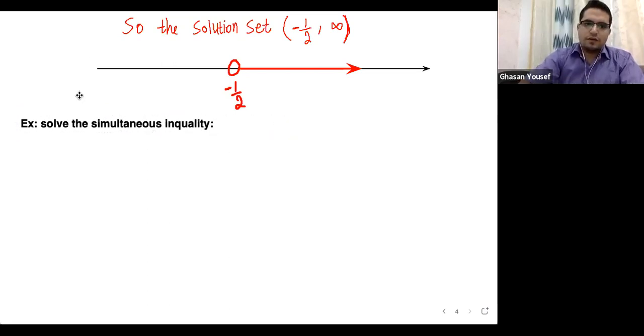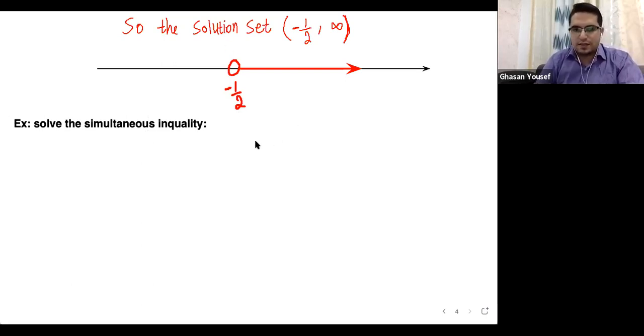So, for example, if I have something like this, the question is here: solve.